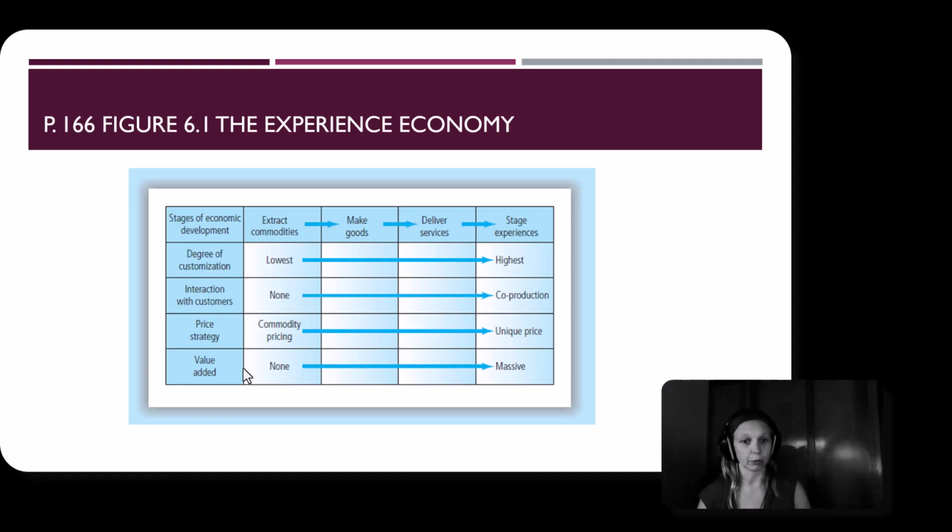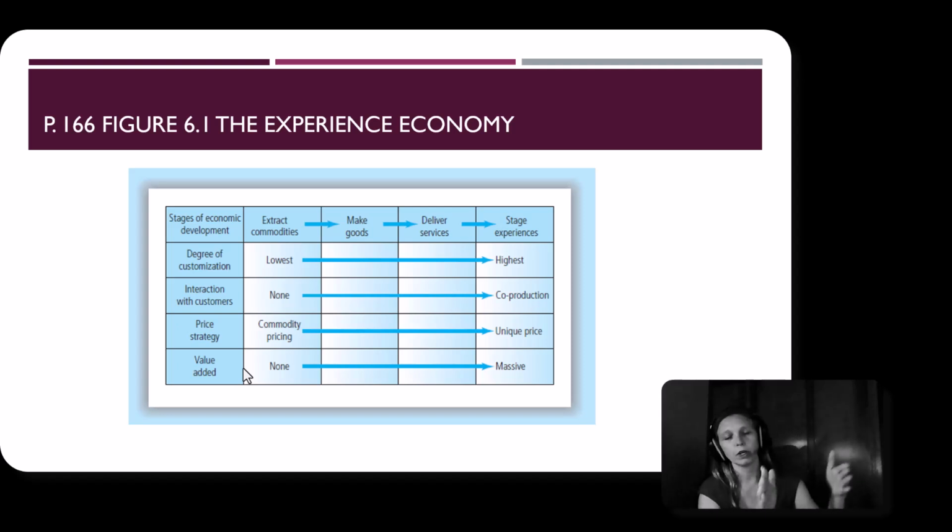Price strategy is going to be commodity pricing, and there doesn't really need to be any value added, although I would argue that in cases of commodities, if there is good customer service, somebody might pay more for a commodity if you wanted to argue that. Generally, no. If it's all the same, we're just going to buy the cheapest price that we can find.